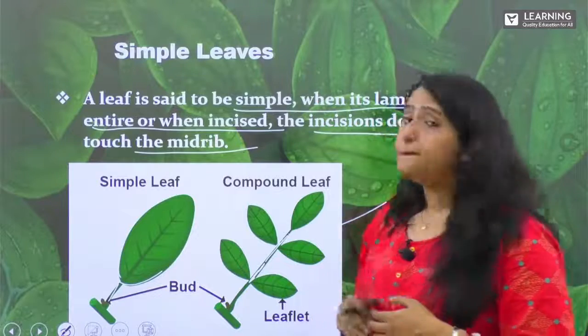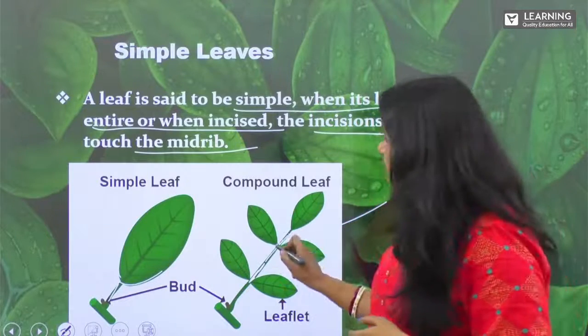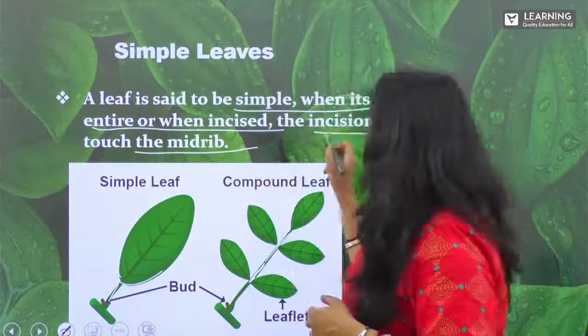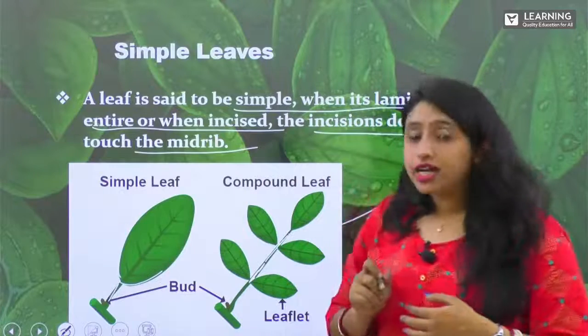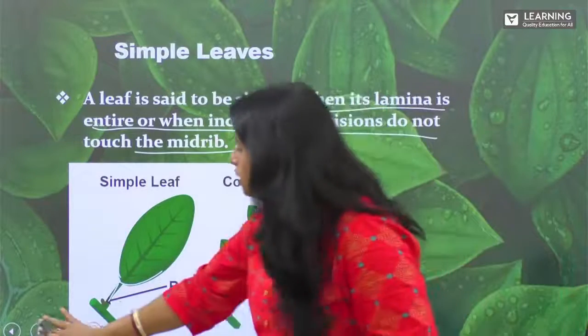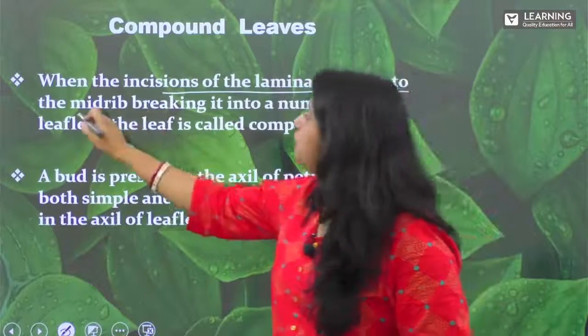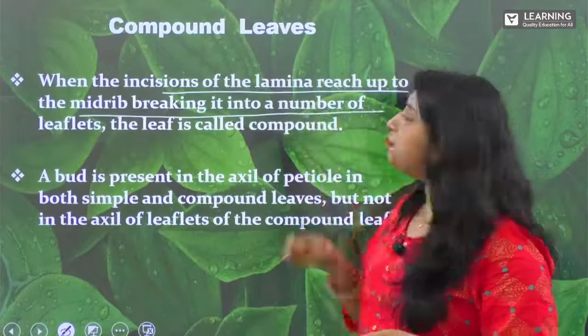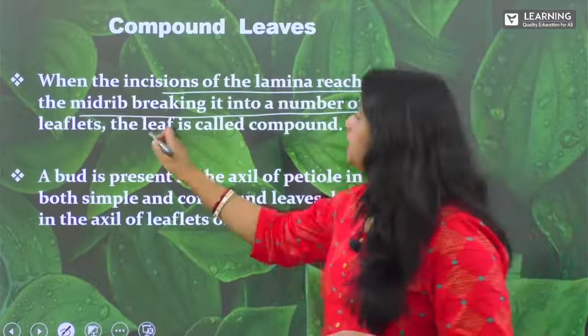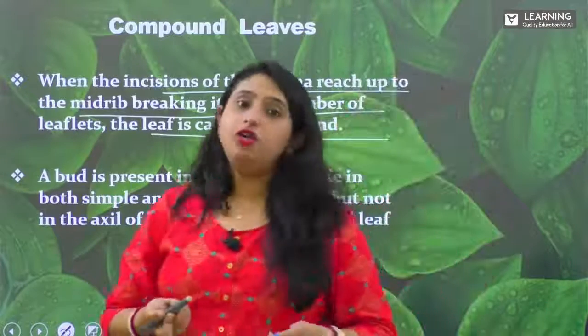Now what about the compound leaf? Here the incisions will touch the midrib, right? So what is a compound leaf? When the incisions of the lamina reach up to the midrib, breaking it into a number of leaflets, the leaf is called a compound leaf.